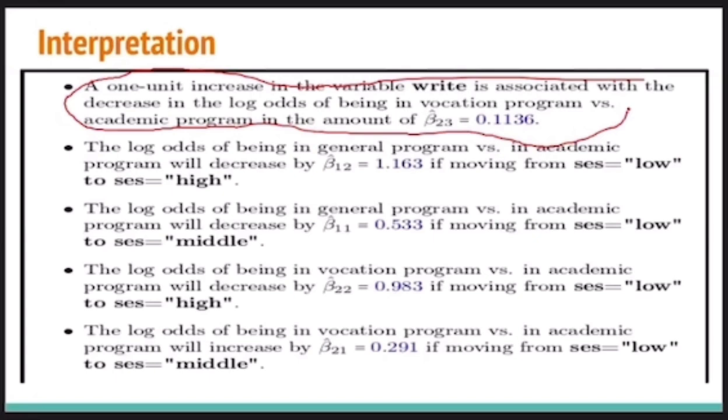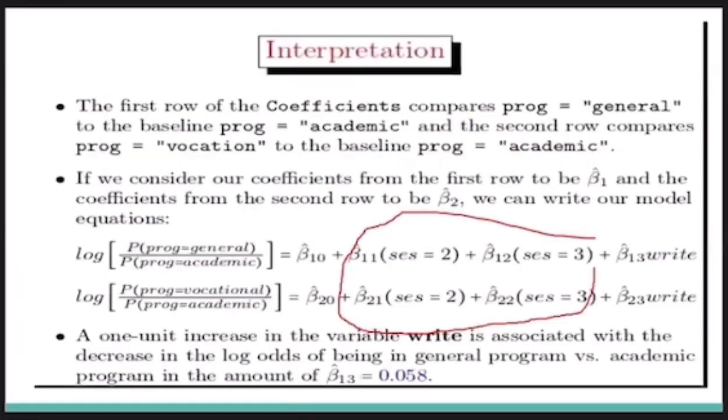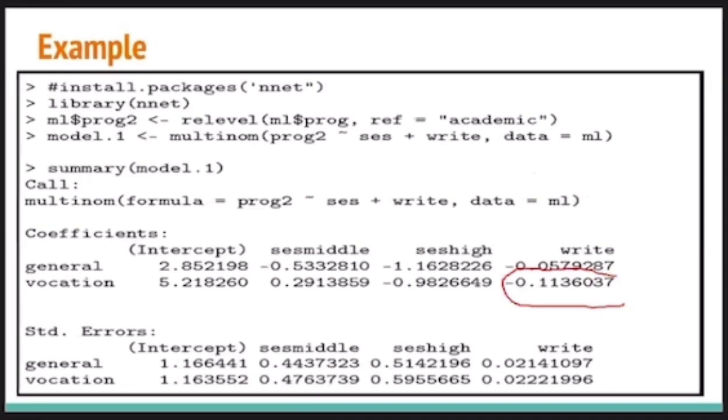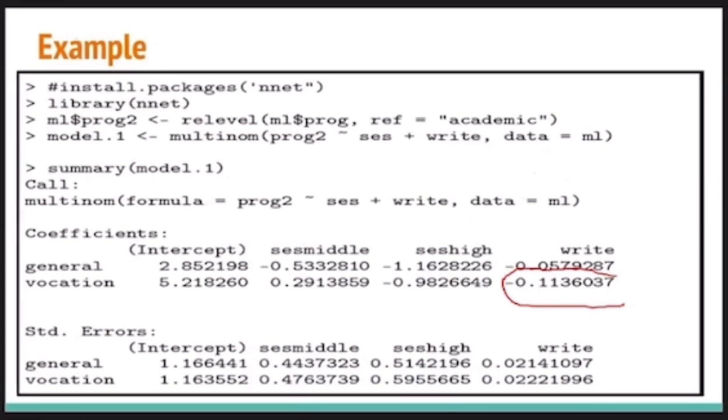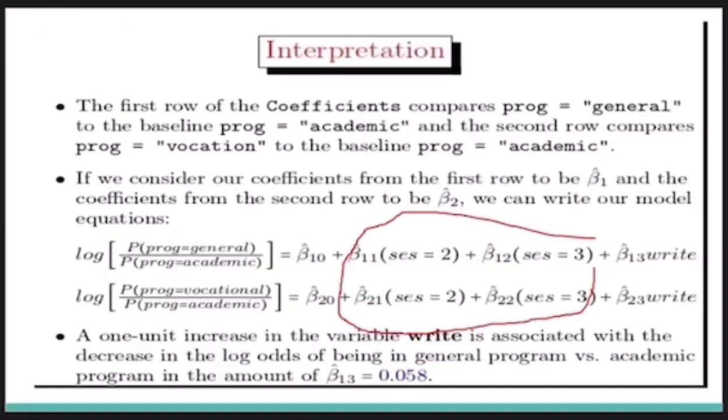But what I want to do now is interpret the categorical one. B12. Let's go back to the table. B12, SES3. Take a look at this guy, SES in general.